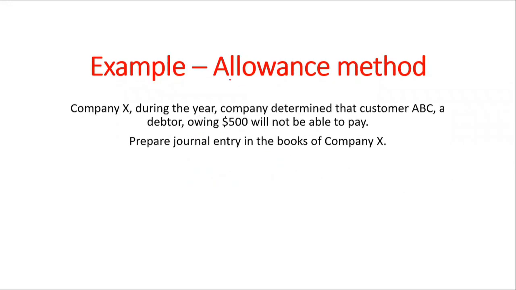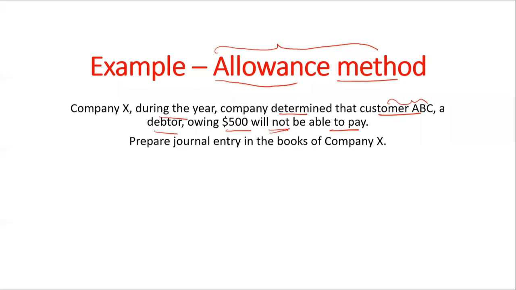Moving on to another example on the allowance method. It's the same example, but this time we will make an entry under the allowance method. Company X, during the year, determined that customer ABC, a debtor owing $500, will not be able to pay.